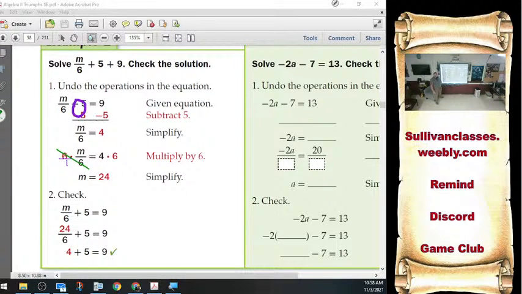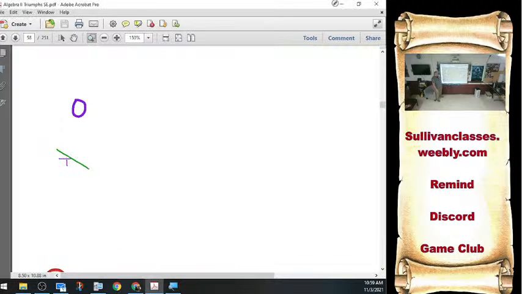Like that. What I don't want to see you do is do that and then multiply that. Because that's literally too many 6s. You used a 6 to get rid of the denominator, and you threw another 6 on the m. Too many 6s. Stop that. Okay? It's just a cross cancellation and done. And then I've got m is 24.